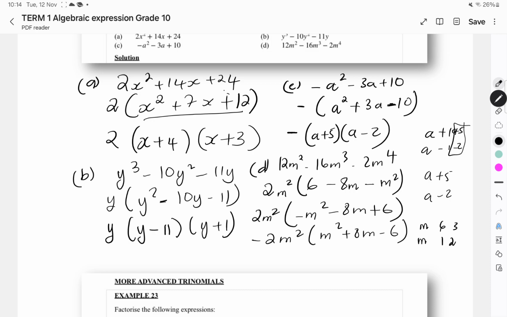And 2 divided by 2 is 1. Good, so 6 minus 8m minus m squared. Good, I did well. Then this is minus m squared minus 8m plus 6.